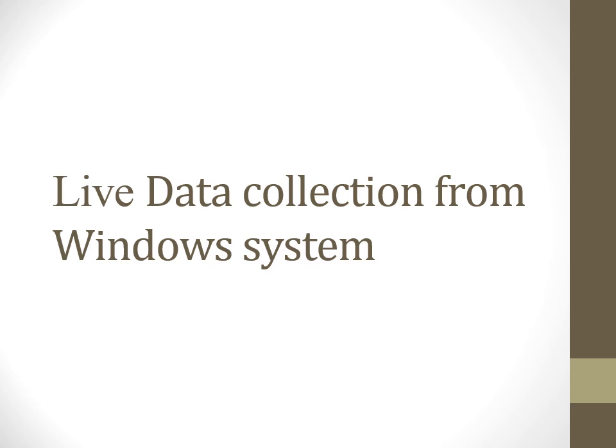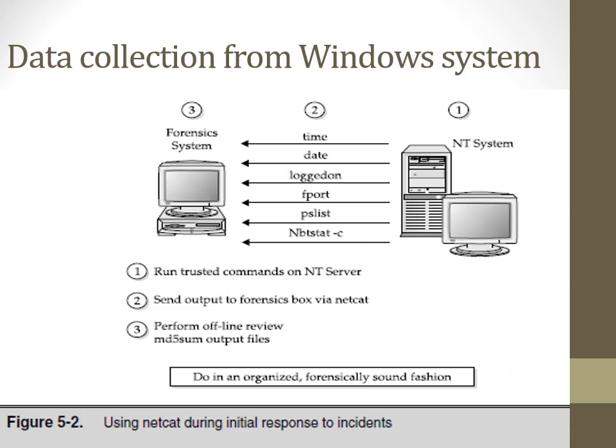So, basically, when you're performing data collection from a Windows system, the first thing that you need to capture is the time of the incident, or the time at which the investigation has actually started.